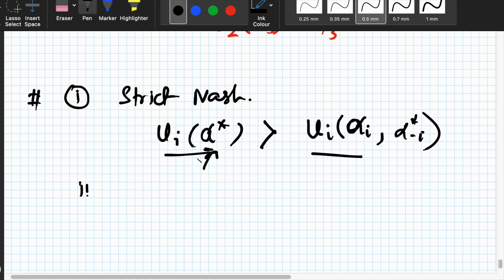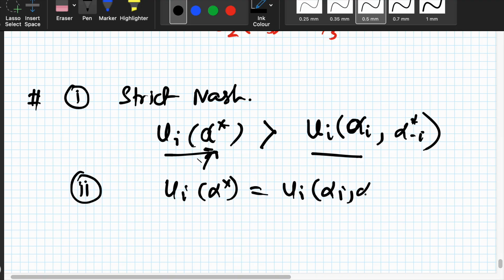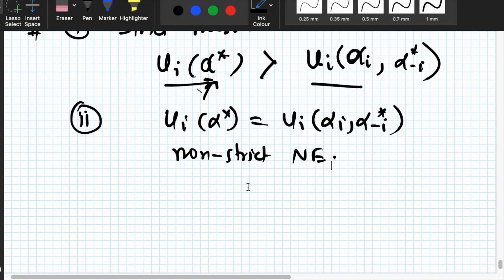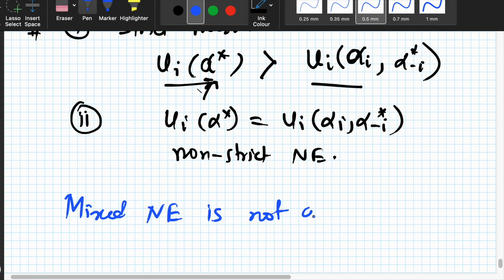But if equality holds, this is also a Nash equilibrium, called a non-strict Nash equilibrium, and we find that the mixed Nash equilibrium is not a strict Nash equilibrium.